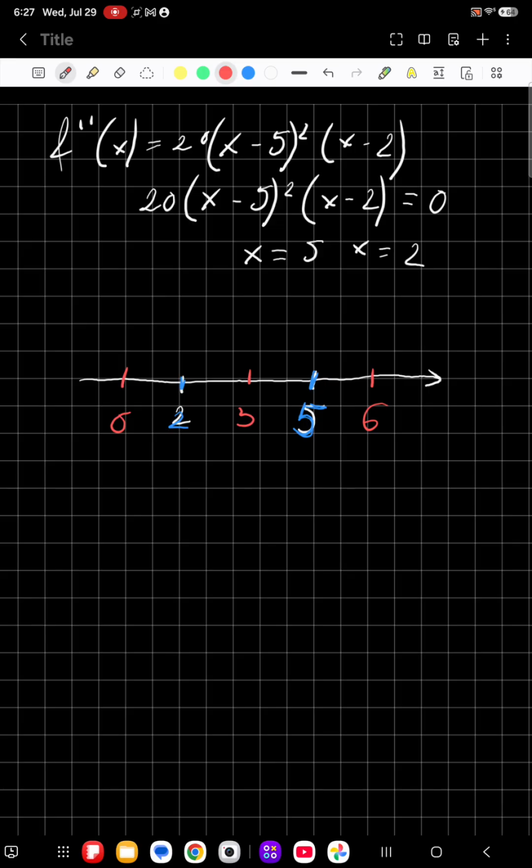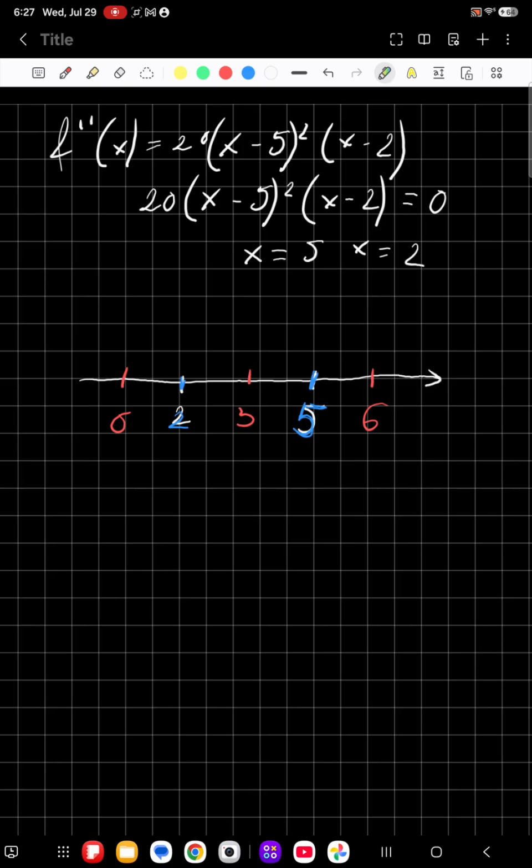Okay, so for 0, just plugging in 0 into that second derivative, we're testing the second derivative at 0. So if I plug in 0 here, I get negative 5, but we have a square, so that's going to be positive, and here I'll have negative, so this will be negative.